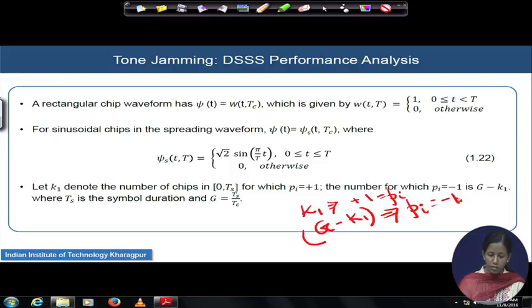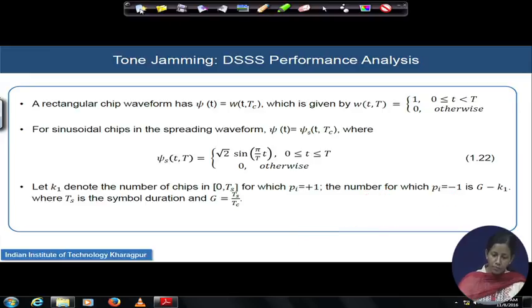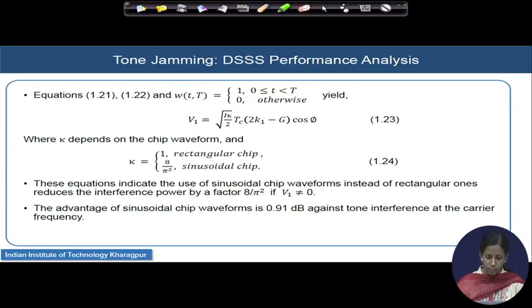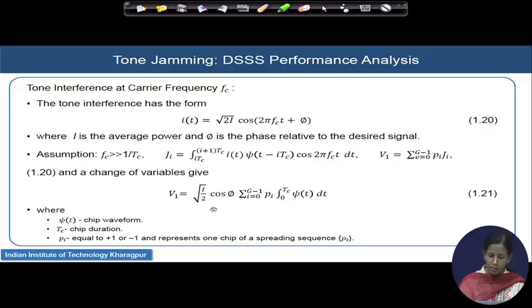With this consideration, if I substitute the value in the earlier slide, here if I substitute the value. So, what is the substitution going on?